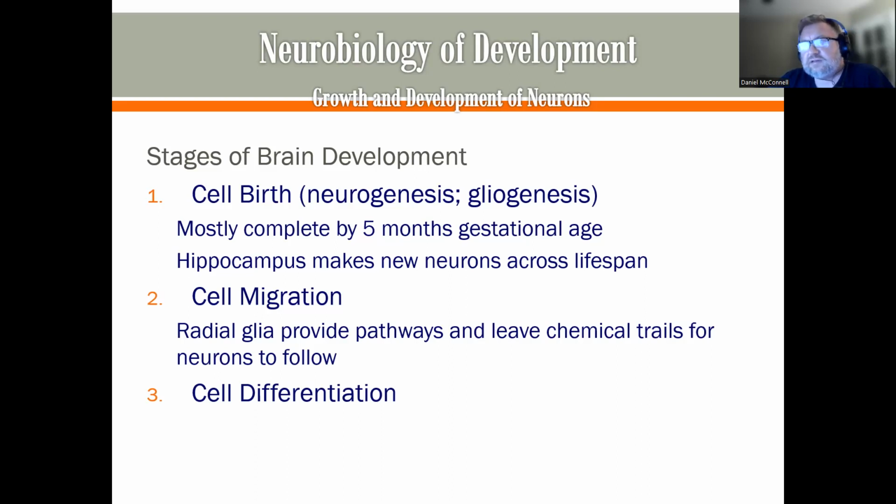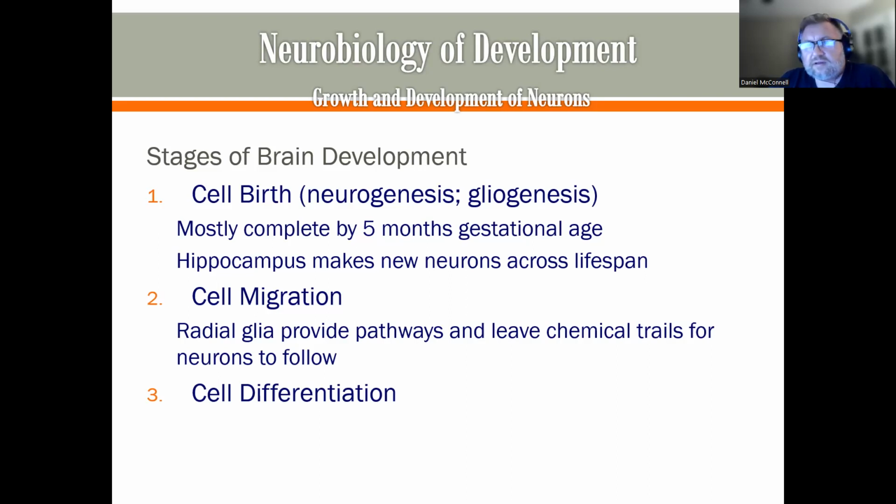And so any particular immature neuron or progenitor cell that's migrating to a specific location, let's say it's going to be part of the prefrontal cortex, has to follow a unique chemical trail laid out by these glial cells that tells it how to get to the prefrontal cortex, right? And it's going to find its way there.